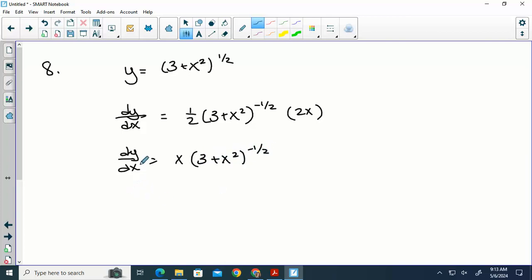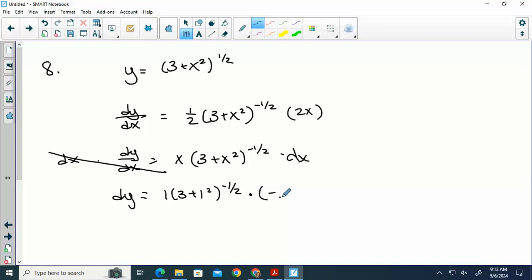But if I want you to find dy, how would you get rid of the dx? So dy equals, I told you in the problem that x was 1 and dx is negative 0.1. So 4 to the negative 1/2 means 1 over the square root of 4, so 1/2 times negative 0.1.